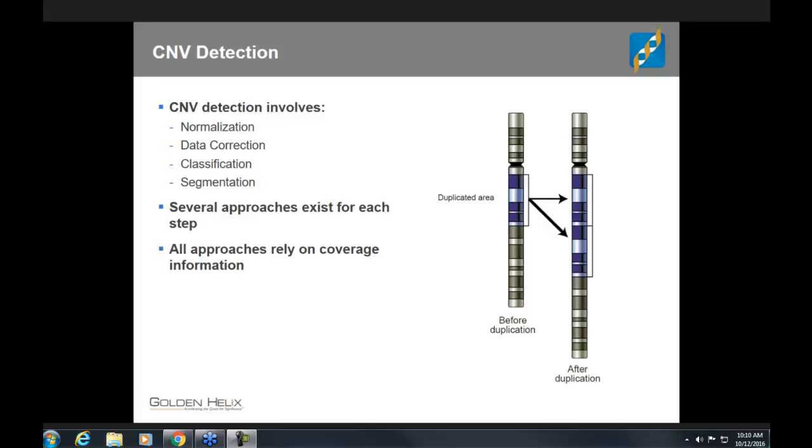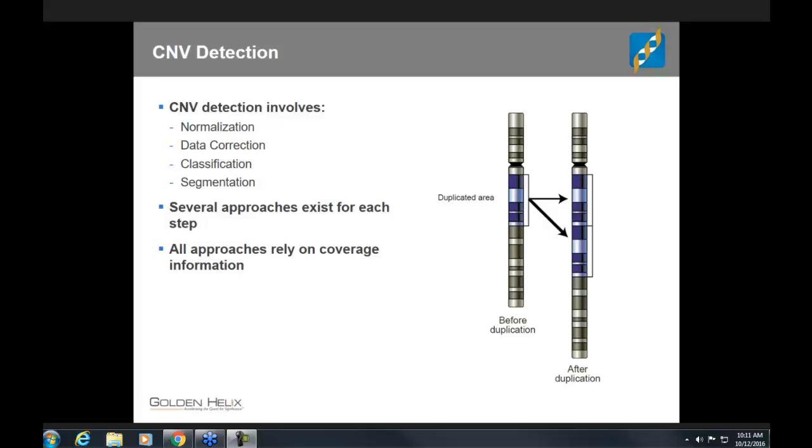And once this classification has been performed, you need to perform what's called segmentation. And that is going across your targets and determining what regions are continuous CNV events, generally by merging targets or by segmenting regions based on coverage profiles.